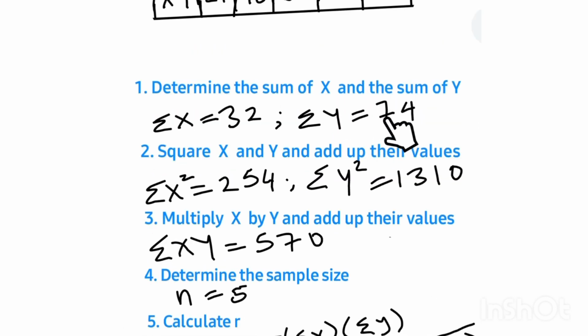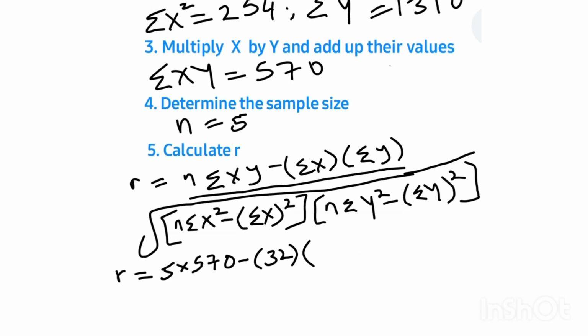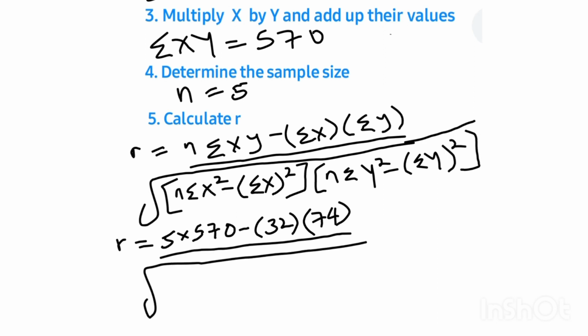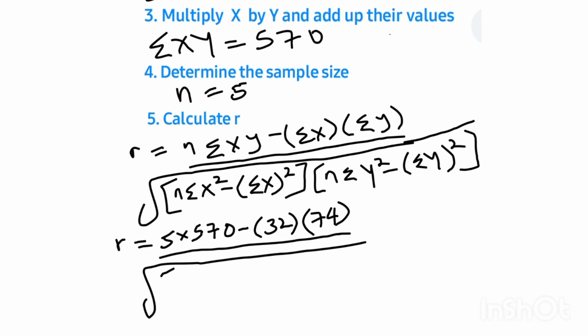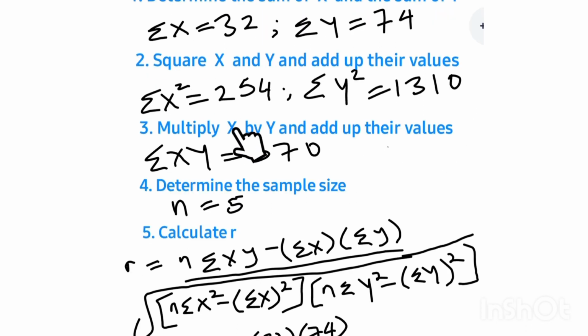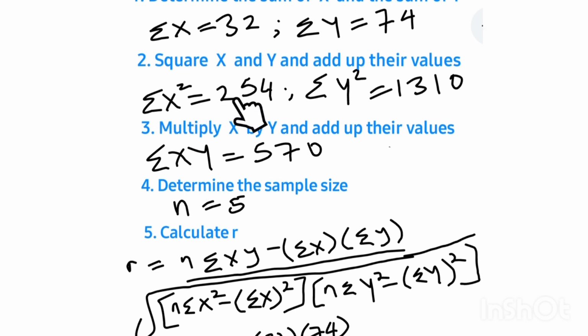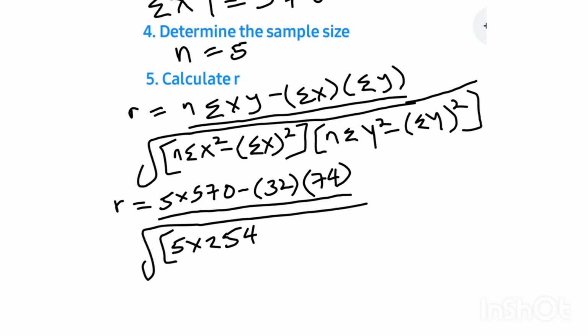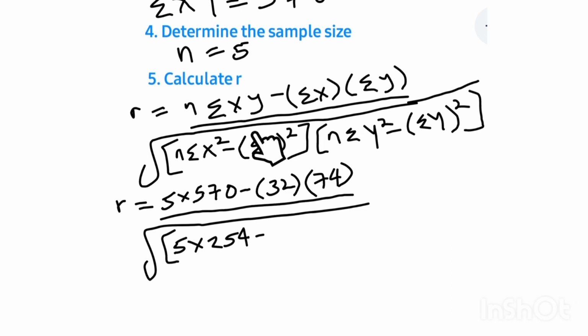And then we record that, times 74, over, following the formula. And so we have the square root of n times summation X square, and of course we have our square bracket, 5 times summation X square. Of course we have 254, and we record that now, 254 minus, we have a minus here, we have summation X all square.